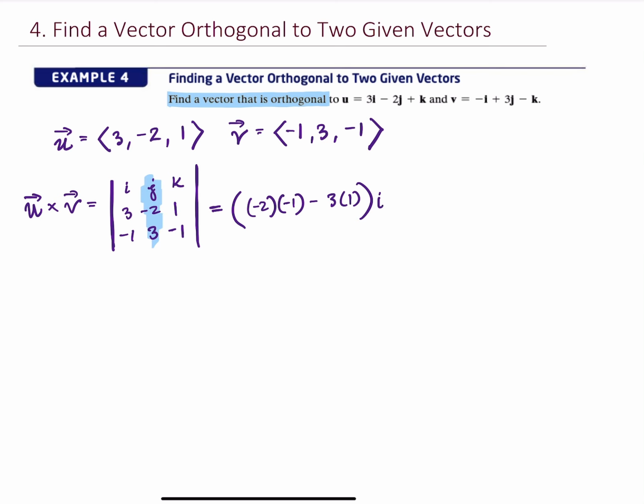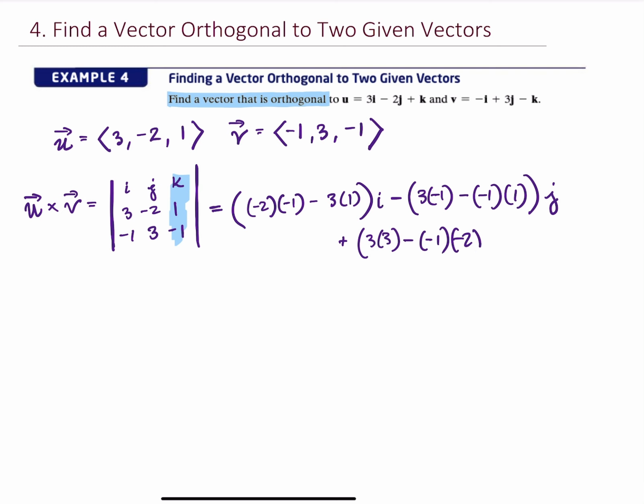Then covering up our second column, and we'll have a minus here, so we'll have 3 times negative 1 minus negative 1 times positive 1. That will be our j term. And then covering up the k column, we'll have 3 times 3 minus negative 1 times negative 2.